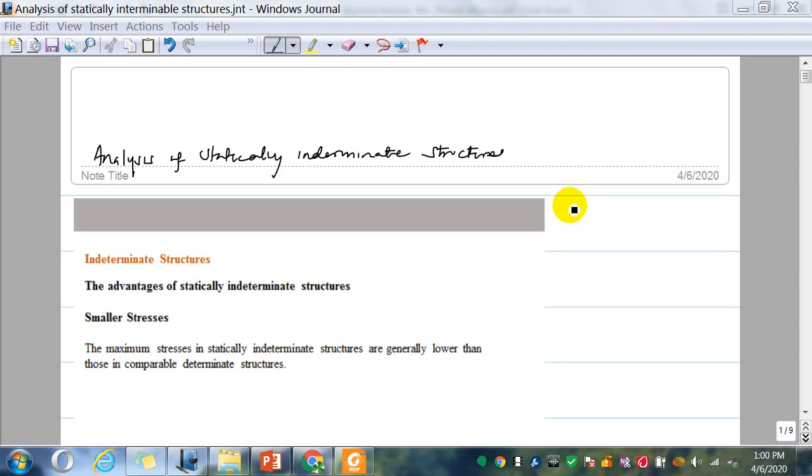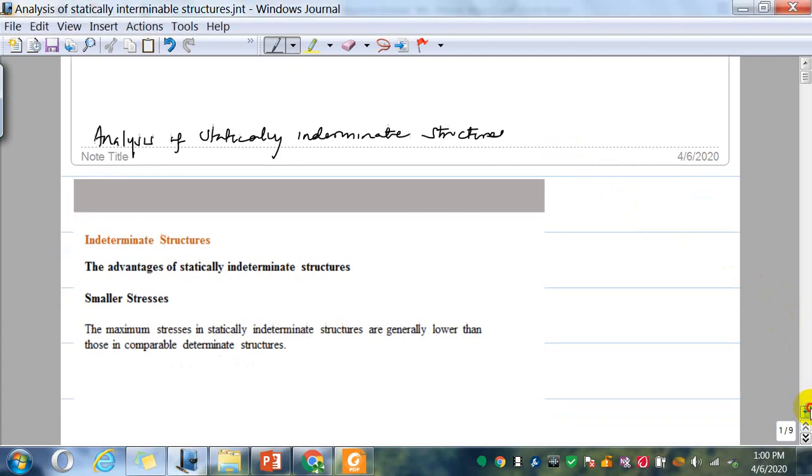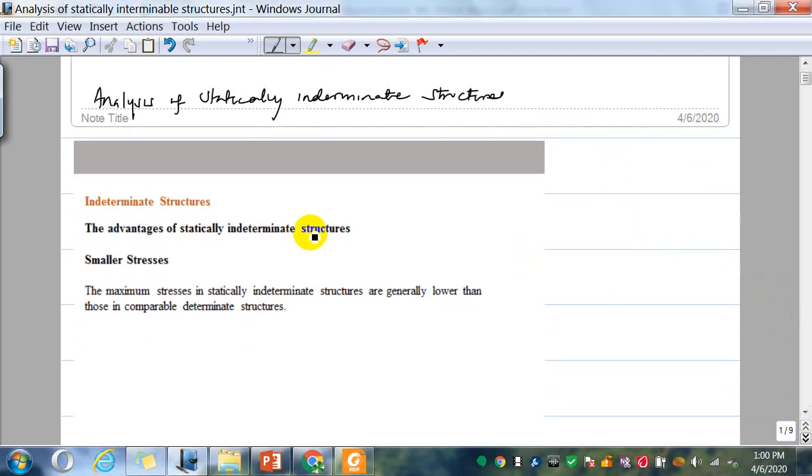But if you look at real structures in the real world, there are very few structures that can be classified as statically determinate. Most of the structures are statically indeterminate. And there are some reasons why these structures are statically indeterminate.